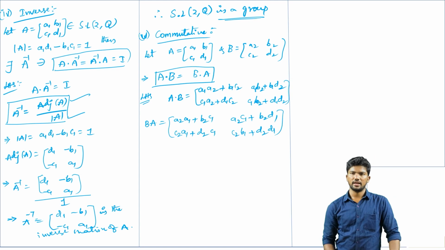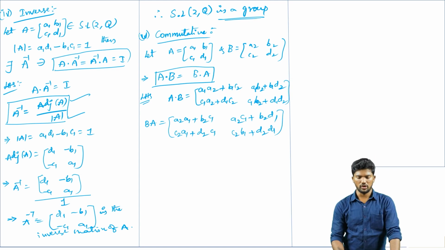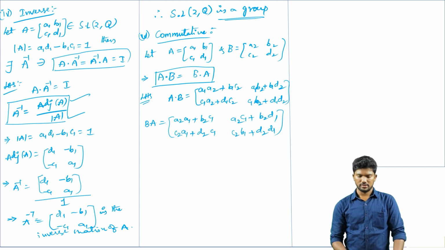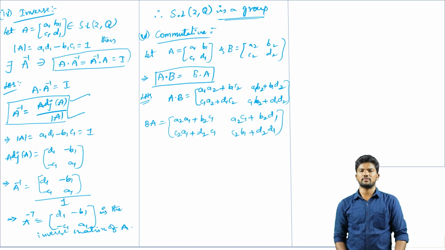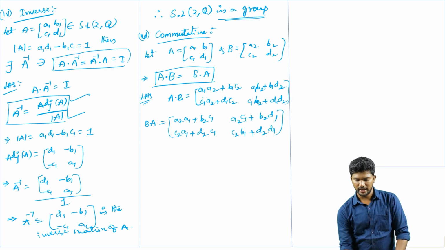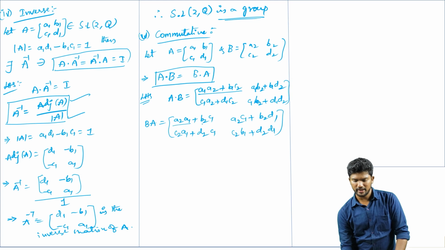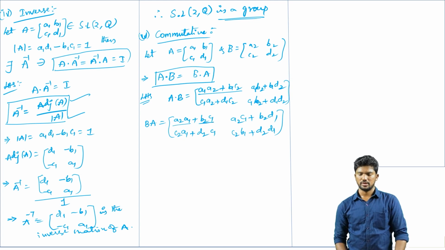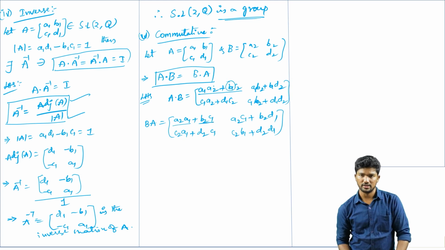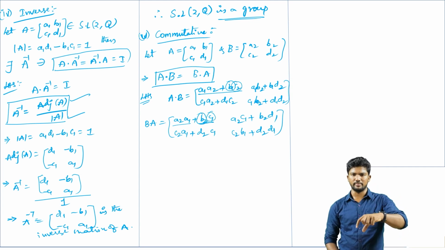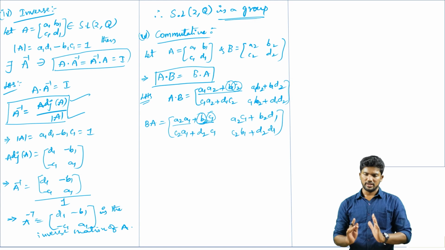So these are AB and BA. If you observe both of them, the resultant matrices are not equal. Why? Here A1 A2 plus B1 C2 is there, and here A1 A2 is there but B2 C1 is there. Here B1 is a different value, here B2 is a different value, here C2 is different, C1 is different. If you multiply them, you will get different values.